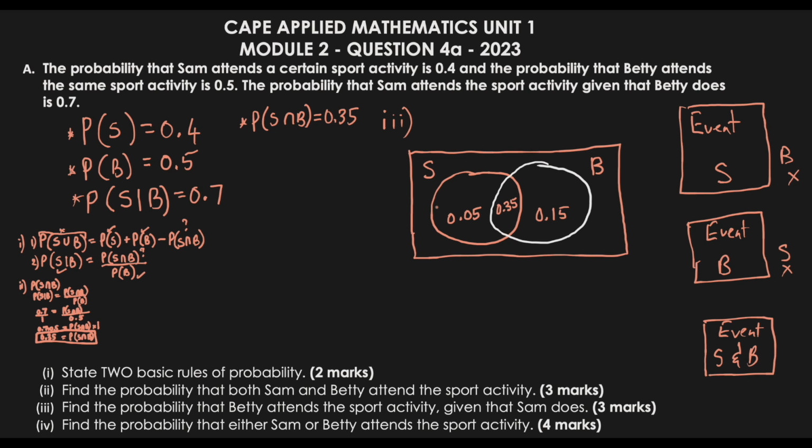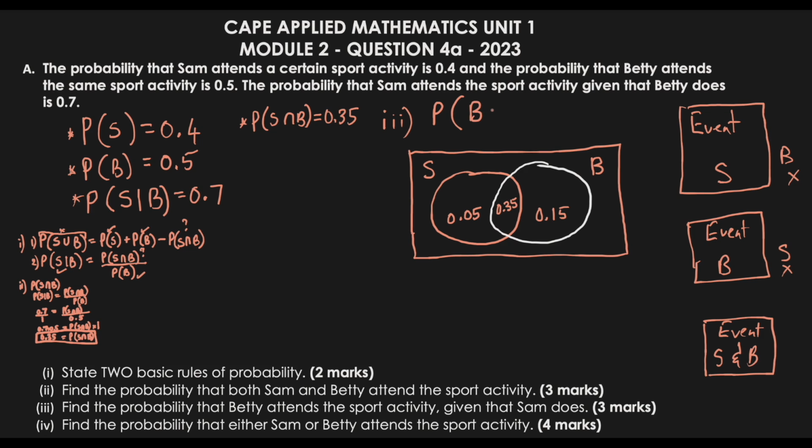Alright, so this question says find the probability that Betty attends the sport activity given that Sam does. So whenever we're talking about a given situation, the first thing we have to look for is what's the condition we are checking for. So it says find the probability that Betty attends sport activity given that Sam does. So in essence, we are doing this.